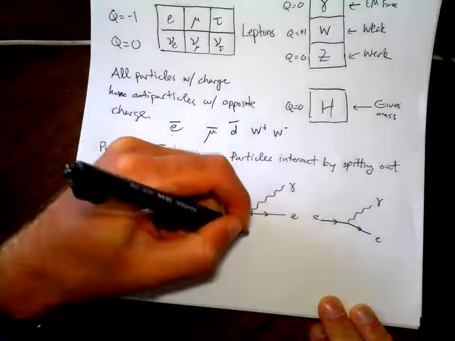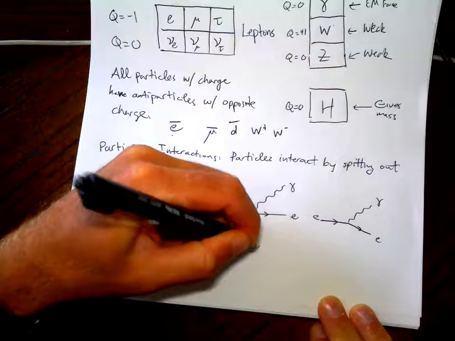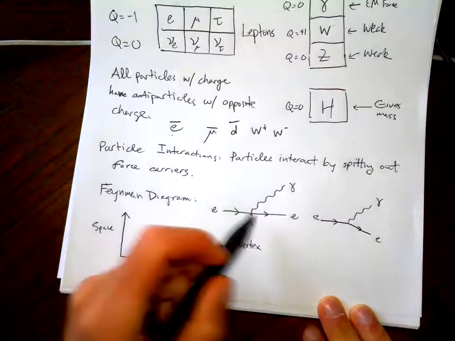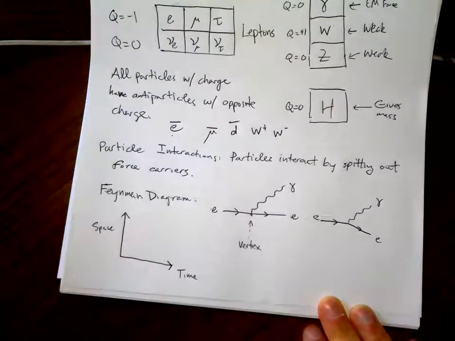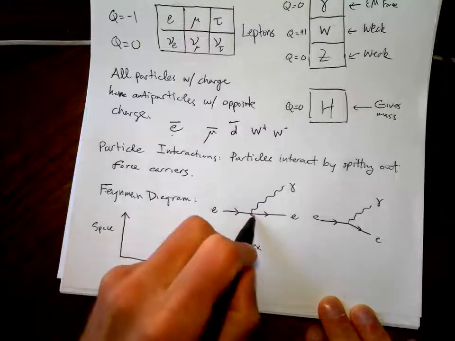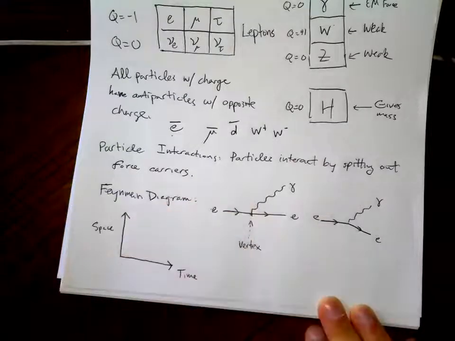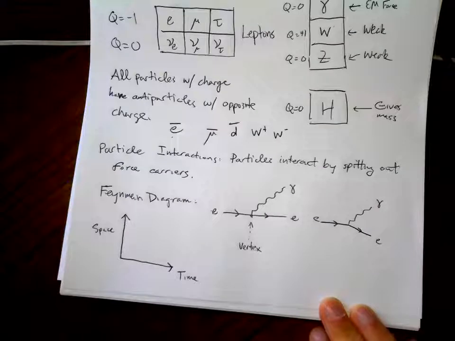So any vertex in a Feynman diagram is going to have one arrow going in, one arrow going out, and a force carrier.